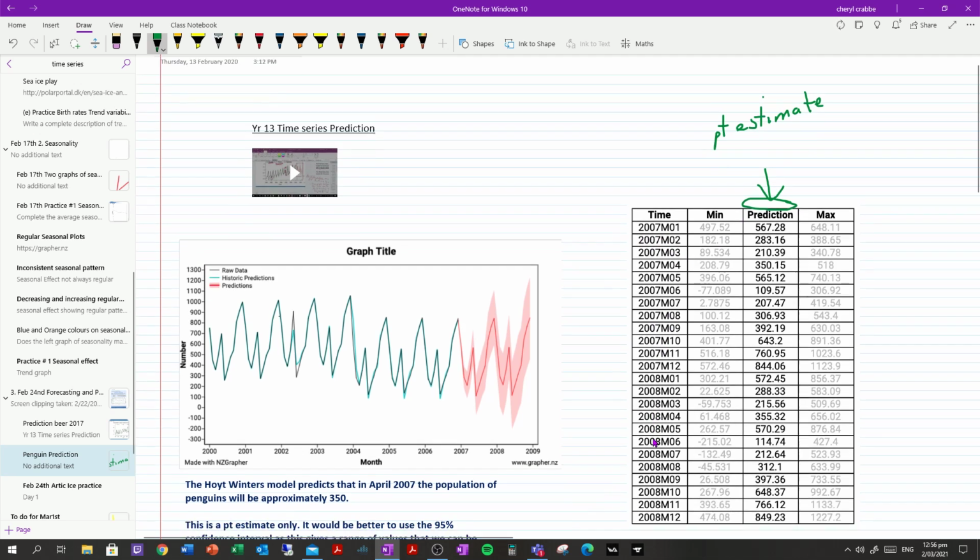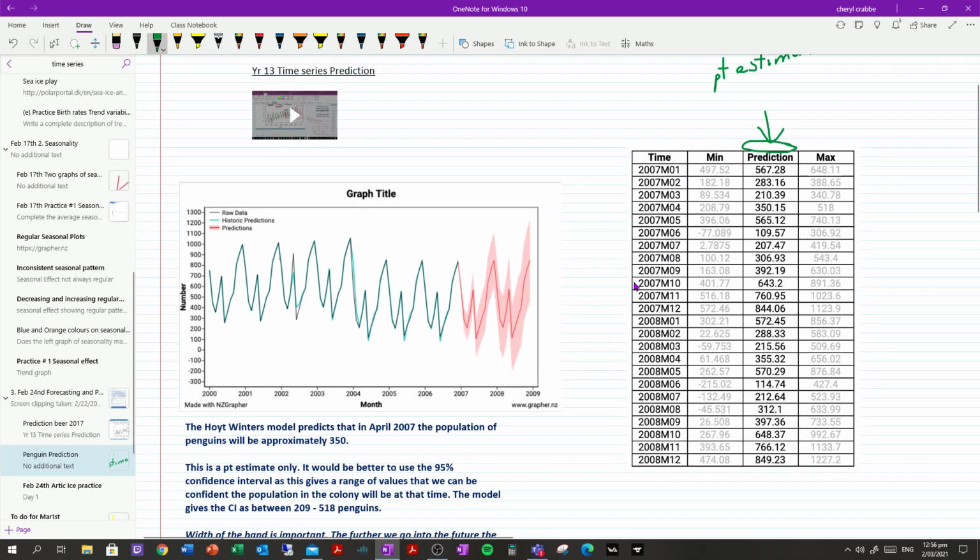So you can use any of these time frames for the prediction. You try not to go too far into the future, so maybe confine yourselves to the earlier years. So let's just say that we make a prediction for April. So January, February, March, April, that's down here. April, month 4. All right, let's just use that as our prediction.